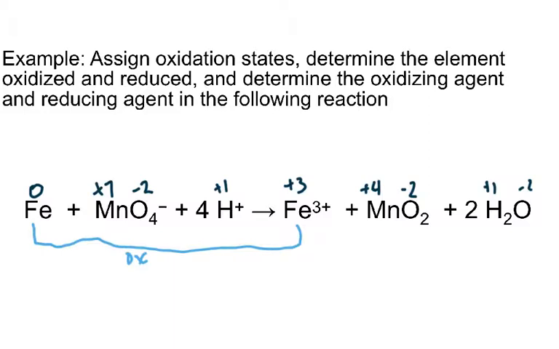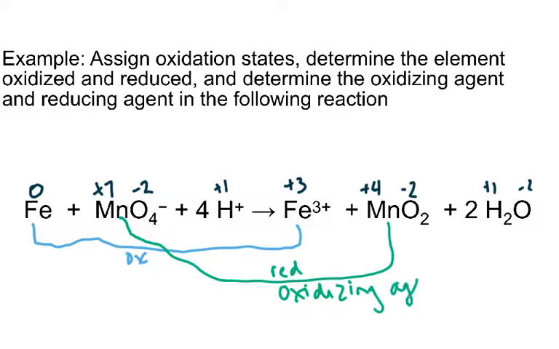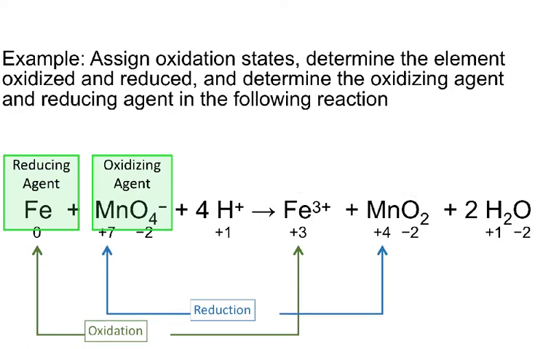My manganese, therefore, is reduced. So the manganese is also my oxidizing agent because it acted to oxidize my iron, and my iron is my reducing agent. Yep, that's everything. So there's the answer.